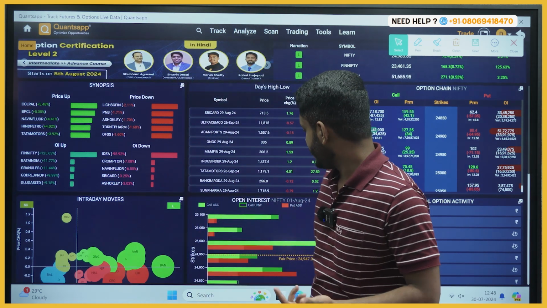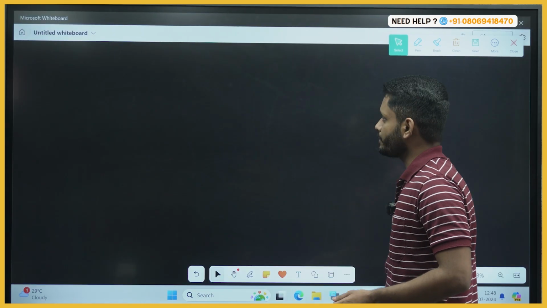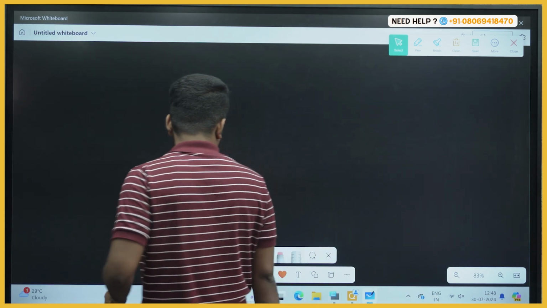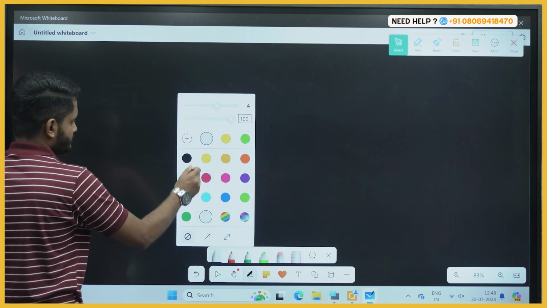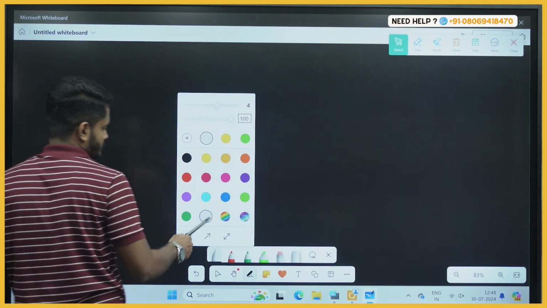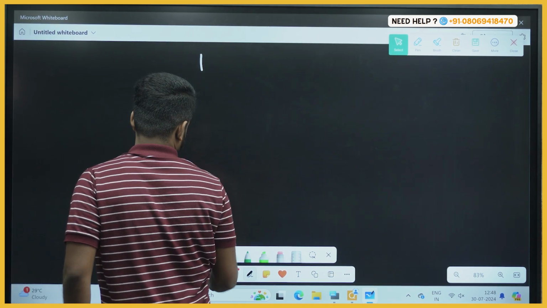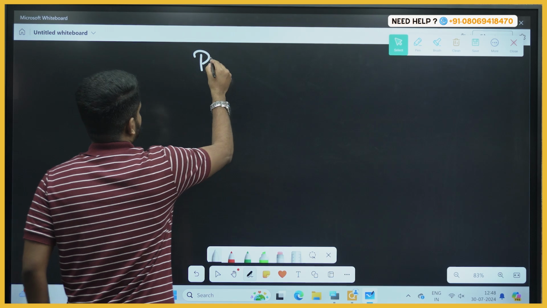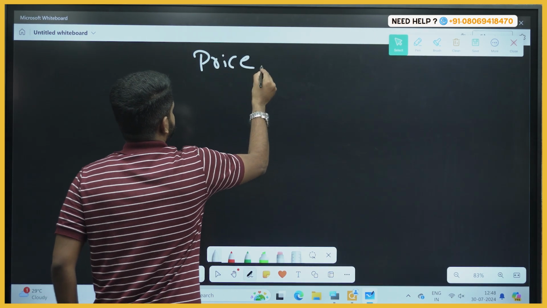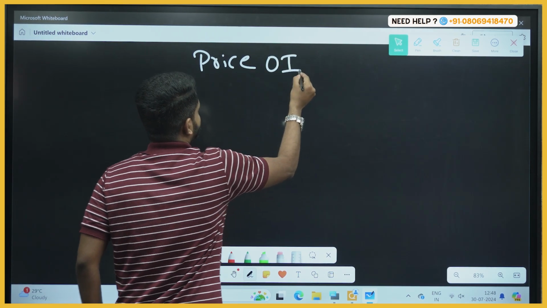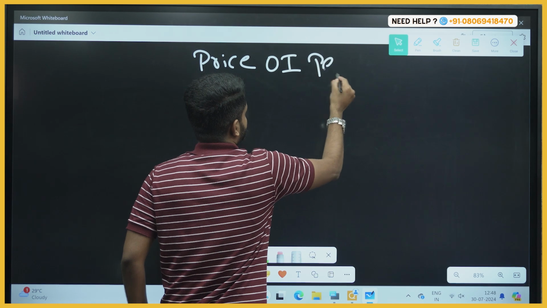Before getting into this topic, let me explain the percentile concept. Give me a second. Price OI percentile.